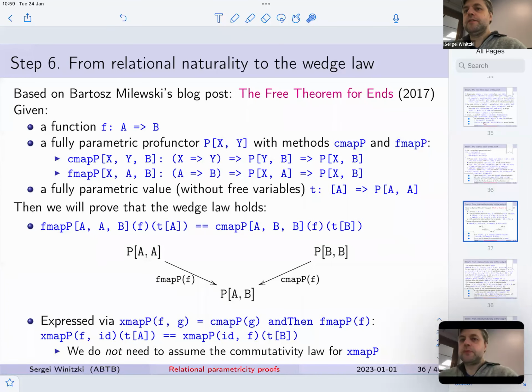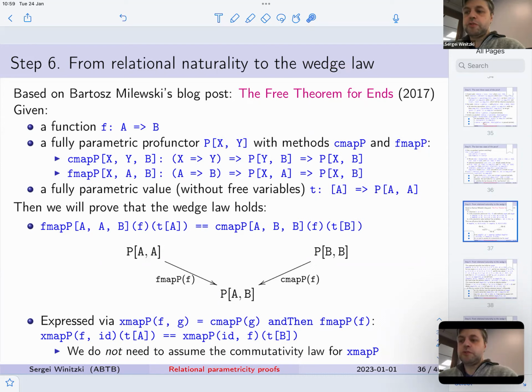And the shortcuts are based on deriving what's called the wedge law. And the wedge law is a generalization of naturality law for type signatures that are not covariant, not contravariant. So I will show now how to derive the wedge law, and then I will show how to derive naturality laws.